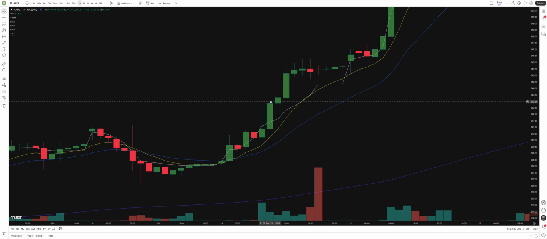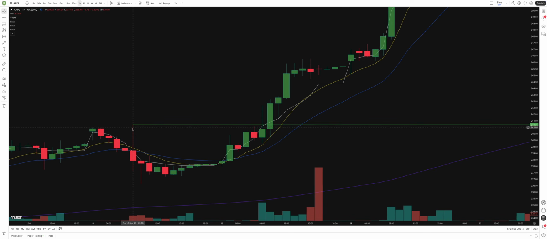So if I were trading this and price closed here at 242.83, I might take a buy position here because what I'm seeing is that we break a previous high. Again, if we go to our horizontal ray here, mark out this high.